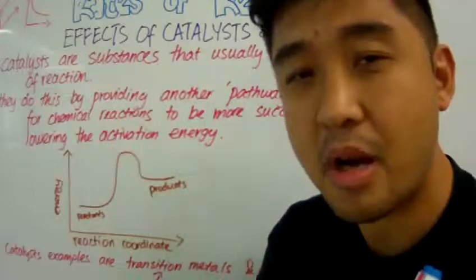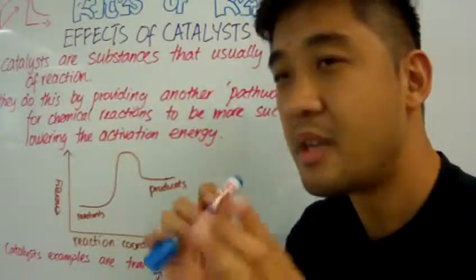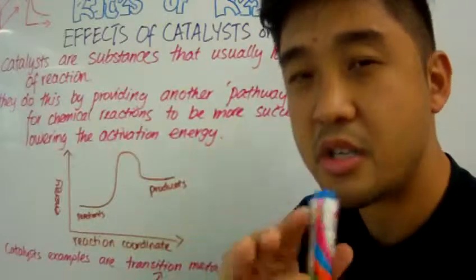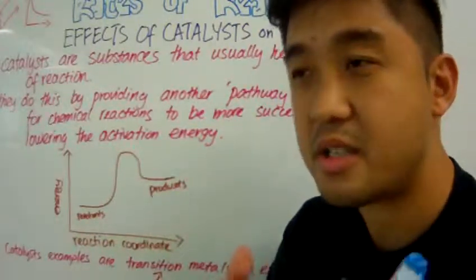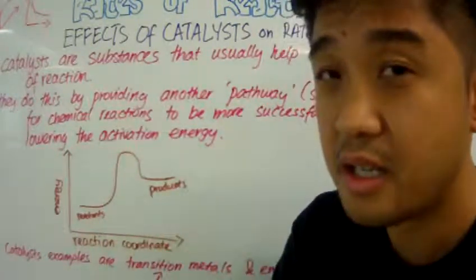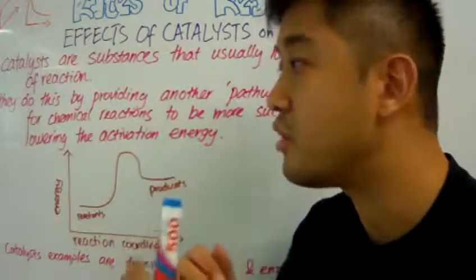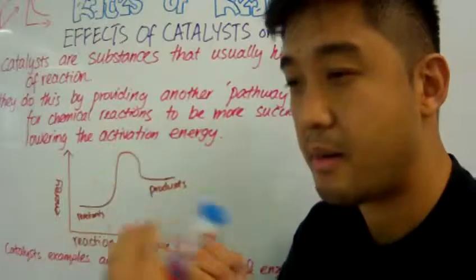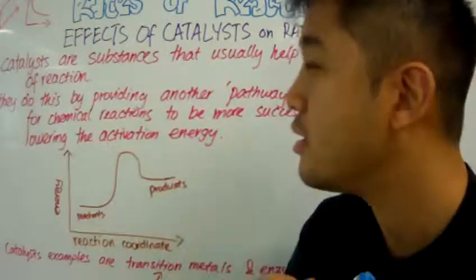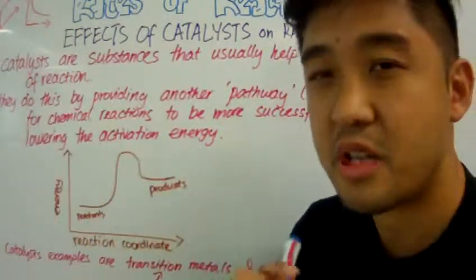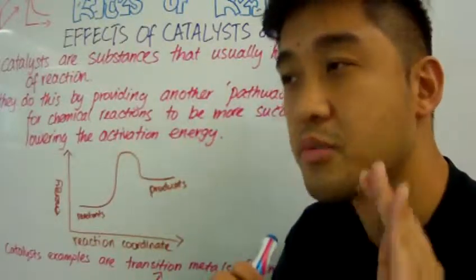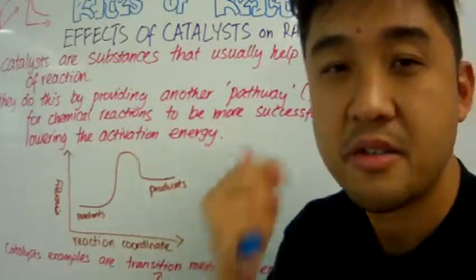Now, an important part about catalysts is that theoretically they're not used or exhausted in the chemical reactions, and theoretically they will not affect the amount of products that is made. All right. All it does is that it allows us to make those products at a much faster rate.